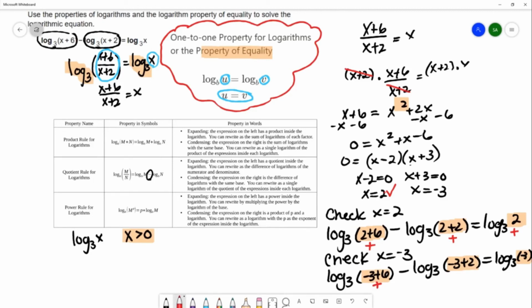Negative 3 plus 2 would give you a negative 1. So that expression would be undefined if we substituted a negative 3 in, and as well as this one here. That means that negative 3 cannot be a solution to this log equation, and we're going to exclude it. So the only solution to this log equation is x equals 2.